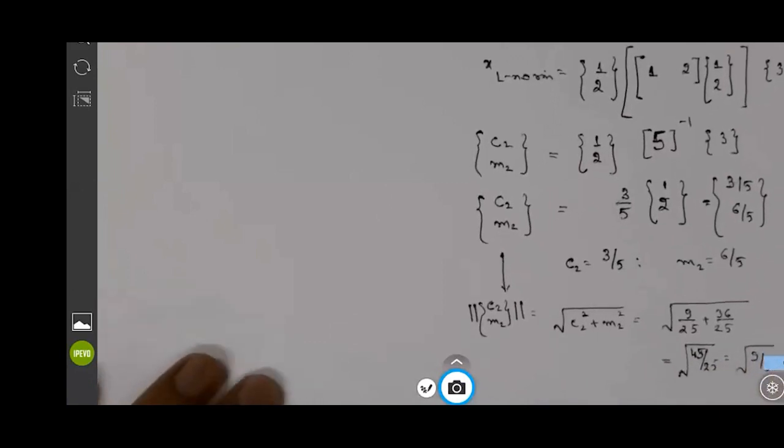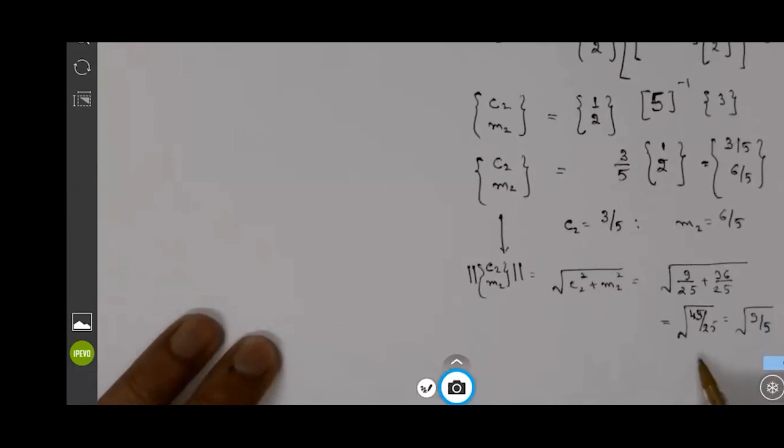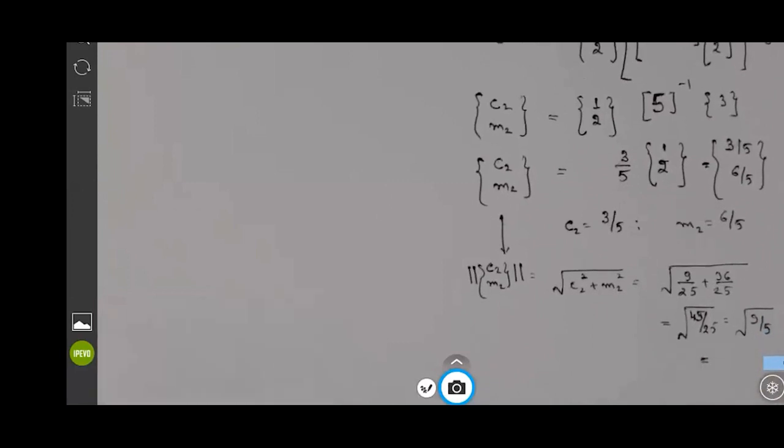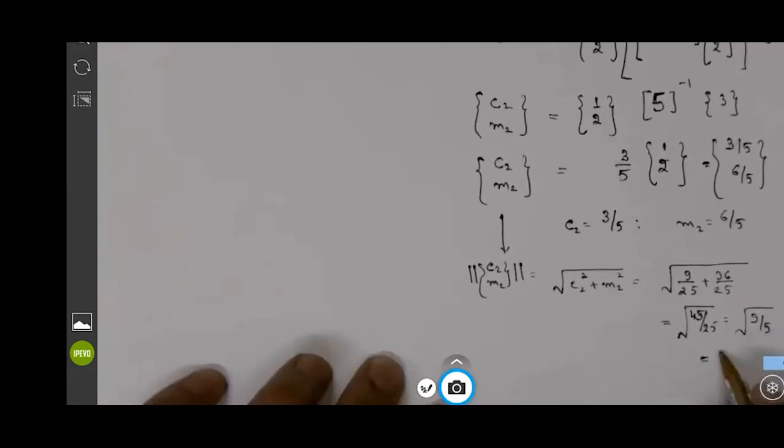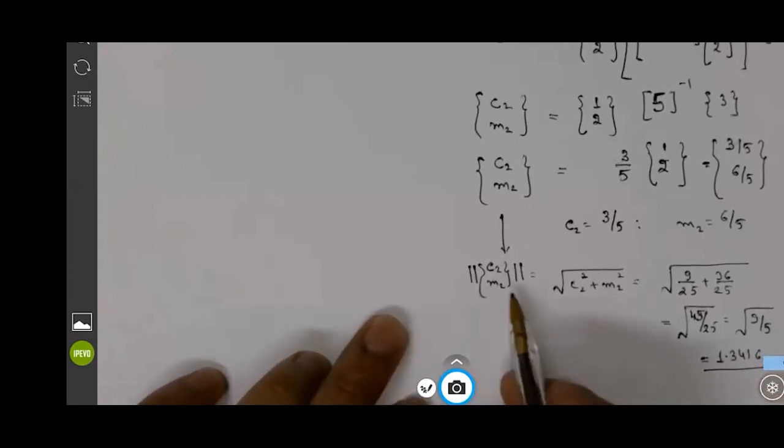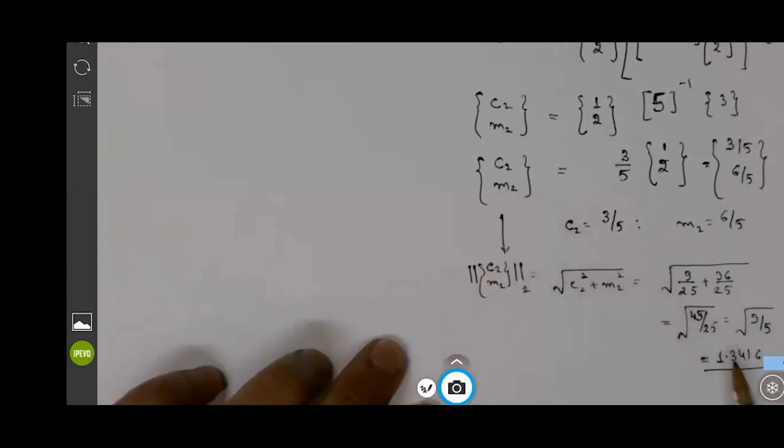Can anybody tell me what the number would look like? It is 1.3416. So that is the length, the L2 norm of this vector. The L2 norm, the length of this vector, is 1.3416.